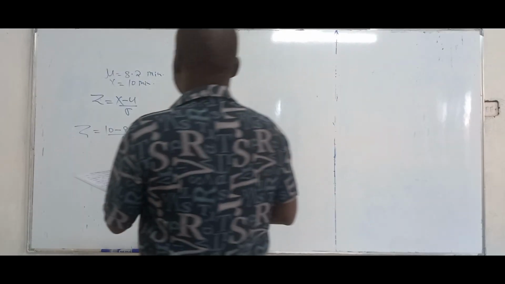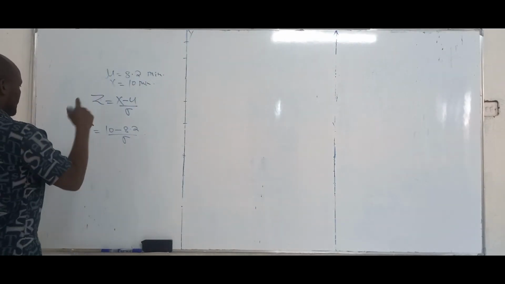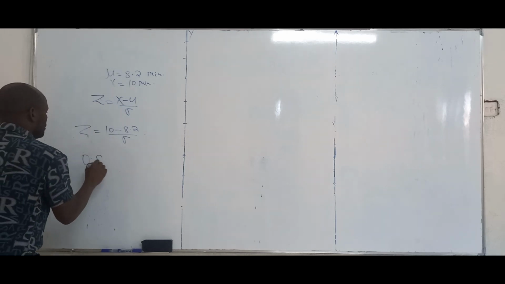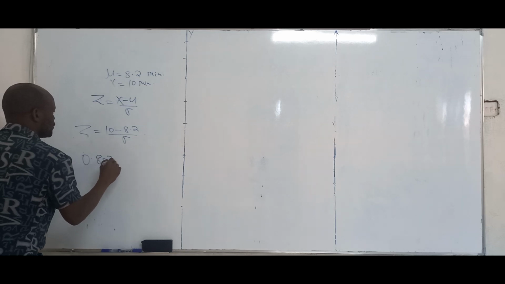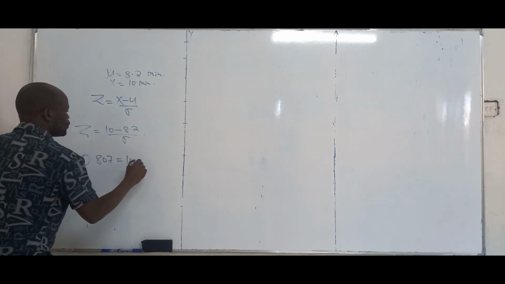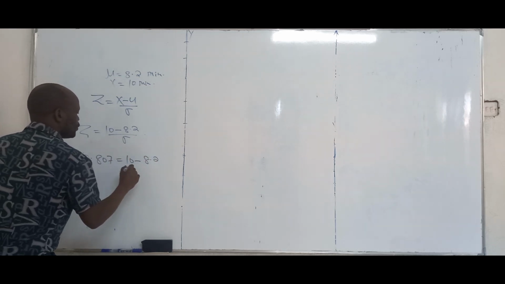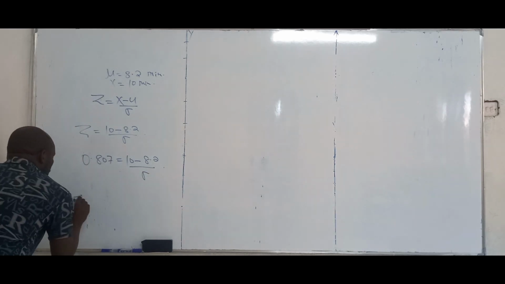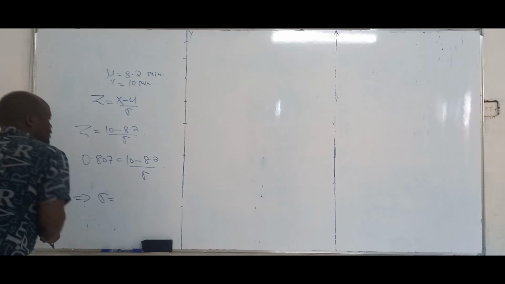Right, we see that the probability, the corresponding Z value is 0.807, which we now equate to 8.2 over this. This should give us standard deviation.